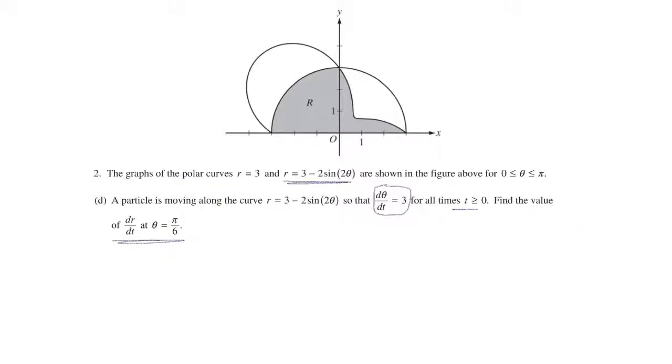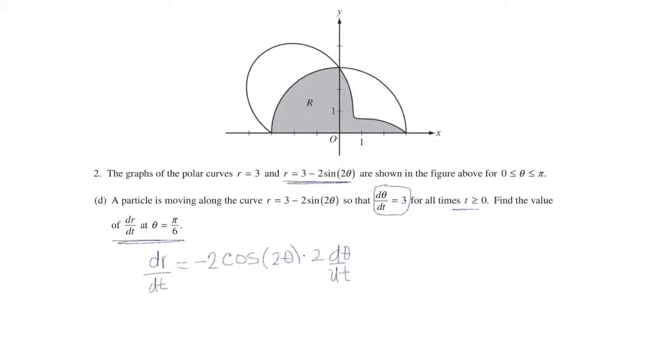So let's see, dr dt is going to be equal to, if we do the derivative of this, negative 2, derivative of sine of 2 theta would be cosine 2 theta times the derivative of our angle, times 2. And then we have d theta dt.